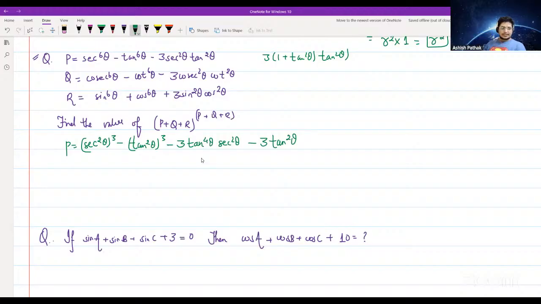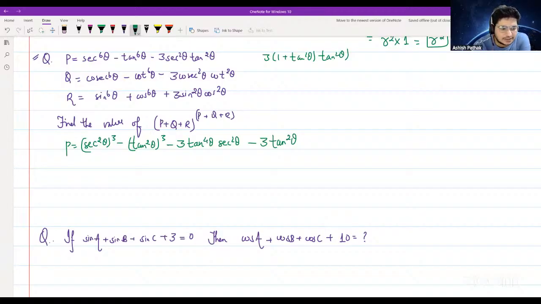Can you write like this? Any issue in this? Have you understood? How will you write this one in this form? Yeah, that's it. You have to do the same thing in the previous one.